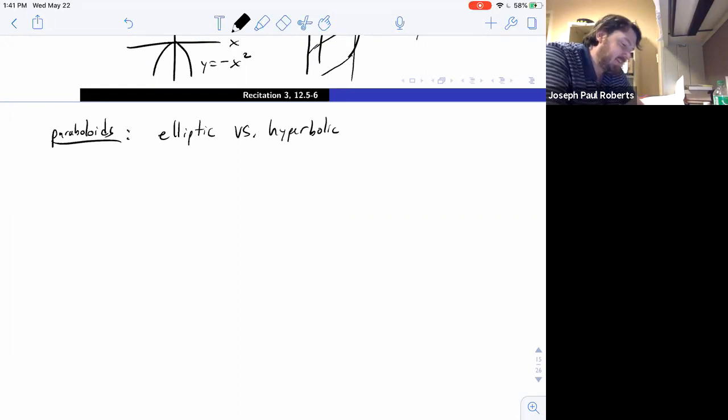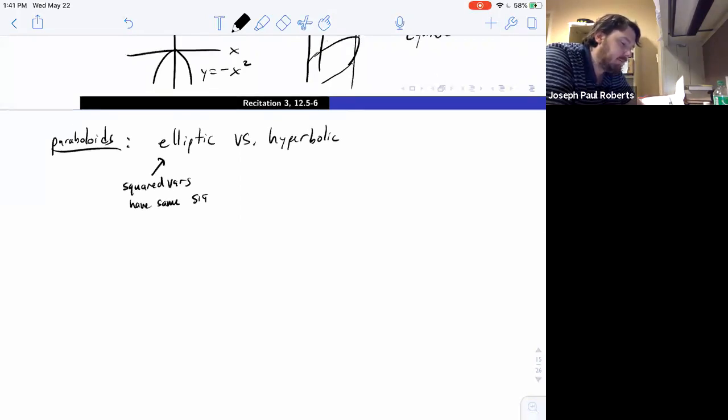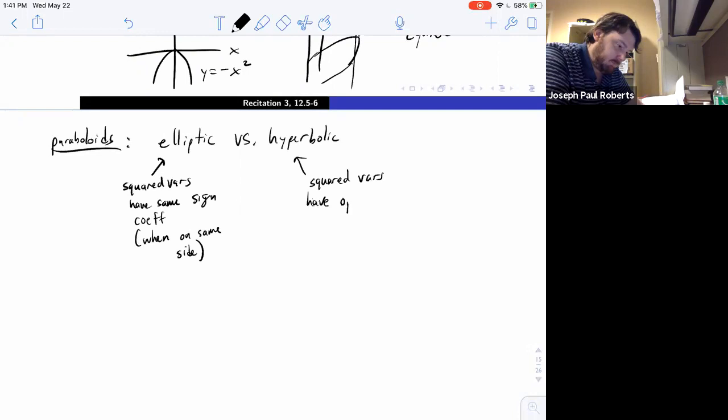So anyway, elliptic versus hyperbolic. Elliptic means that the squared variables have the same sign coefficient when on the same side. Whereas hyperbolic, the squared variables have opposite sign coefficients when on the same side of the equation.